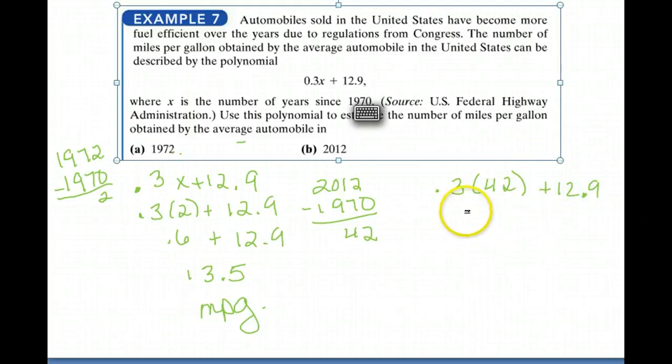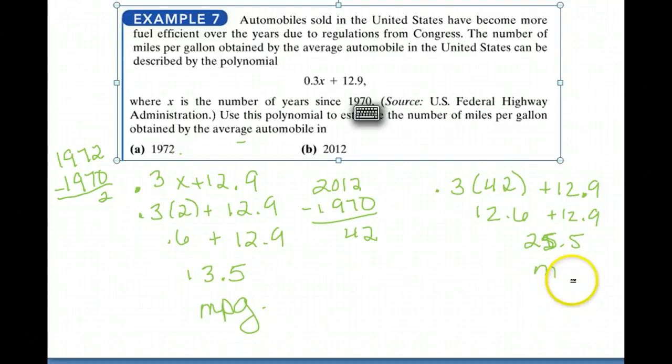So 0.3 times 42 is going to give you 12.6. And 12.6 plus 12.9 is going to give us 25.5. And that means that the average car in 2012 is getting 25.5 miles per gallon.